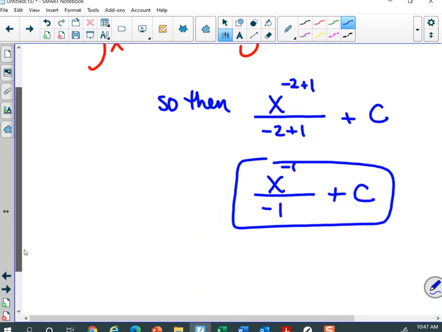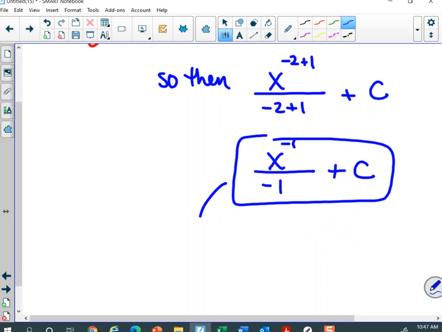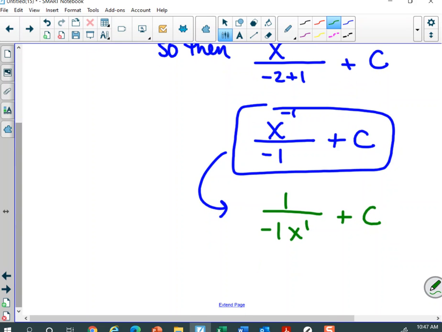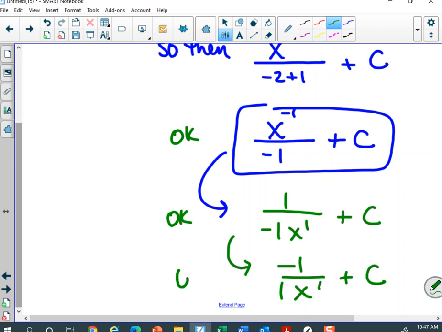If you would prefer to write this a different way, 1 over negative 1x to the first plus c would be a good answer, which you could also throw the negative up in the numerator and still include the 1. I mean, 1s are weird because you don't actually have to have 1s for coefficients. So this is okay, this is okay, this is okay.